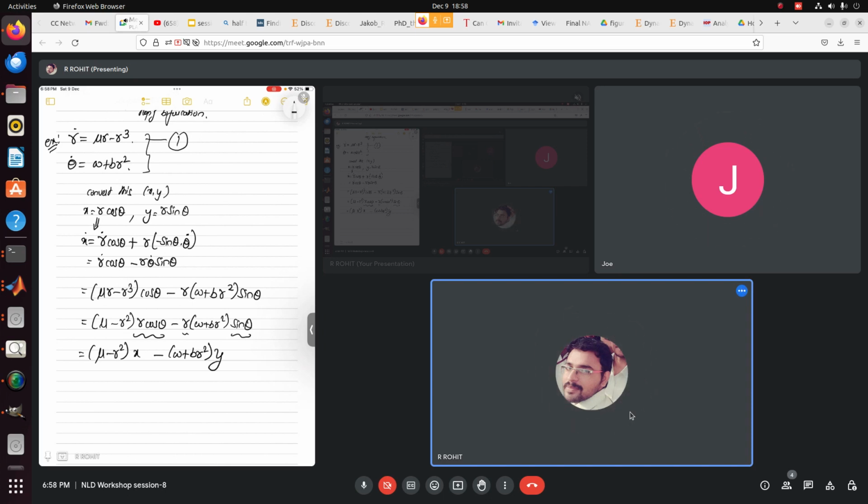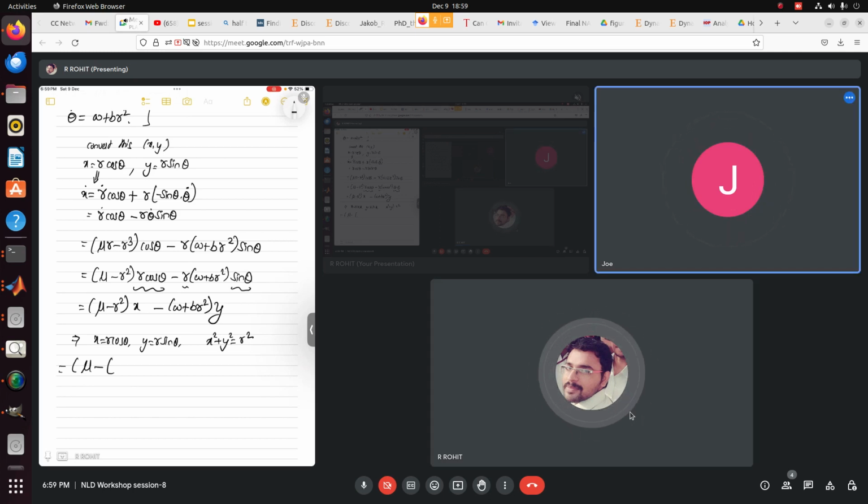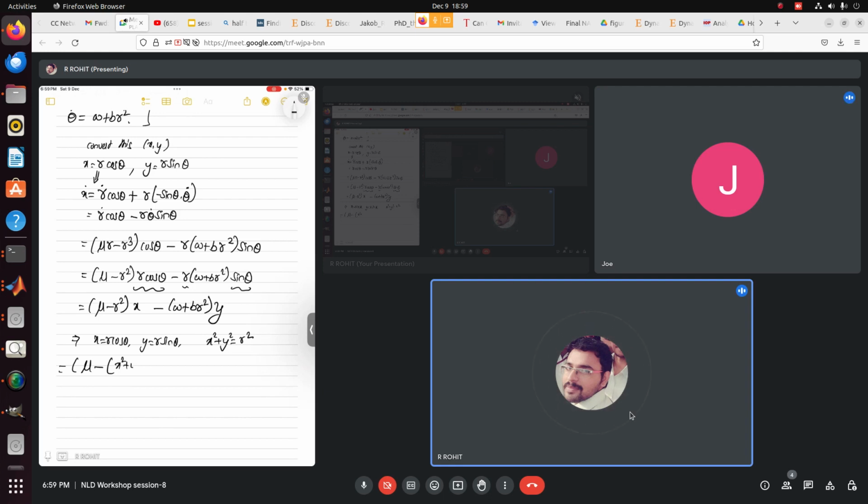And since we wrote x equal to r cos theta and y equal to r sin theta, the standard result is that x square plus y square is r square. So in that case mu minus r square is mu minus (x square plus y square), hence x dot equals (mu minus x square minus y square) x minus (omega plus b (x square plus y square)) y.